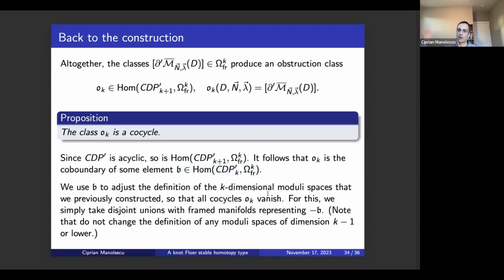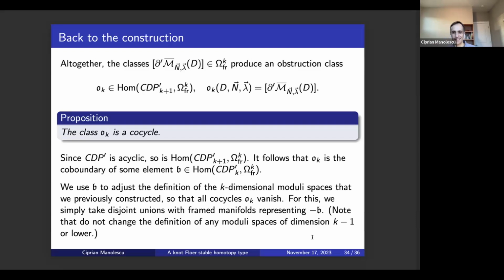And we're just going to go back one step in the induction. And we're going to take the disjoint union of our moduli spaces with framed manifolds representing minus B. We're just going back one step in the induction. We're not going back any lower. So we're not going to change the definition of moduli spaces of dimension k minus 1 or lower.